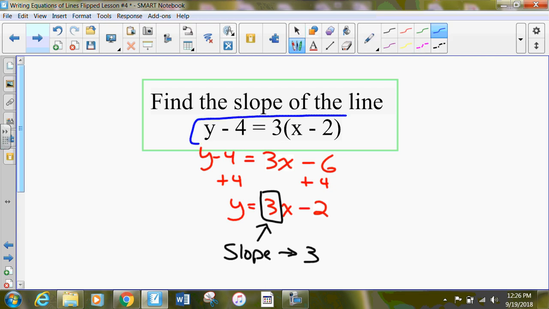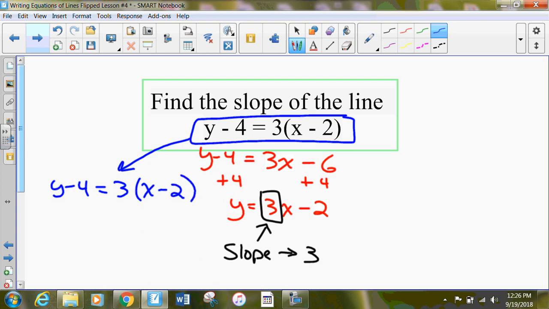This equation is in point-slope form. And when it's in point-slope form, the number that is in front of the x, this number, is always the slope.